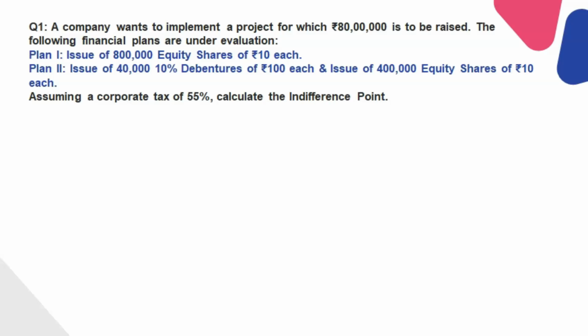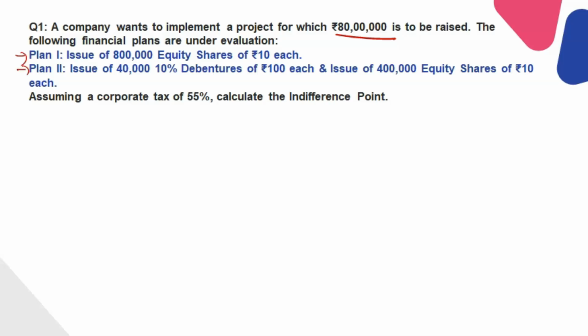Here is one question which we are going to solve. A Limited wants to implement a project for which 80 lakh rupees is to be raised. It has the following two plans. Plan first, they can issue 8 lakh equity shares of rupees 10 each, so that will become 80 lakh.